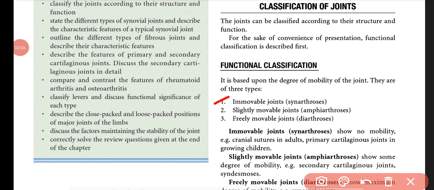One is immovable joints, that is known as synarthrosis. Number two is slightly movable joints, that is amphiarthrosis. Number three, freely movable joints, that is diarthrosis. Okay.